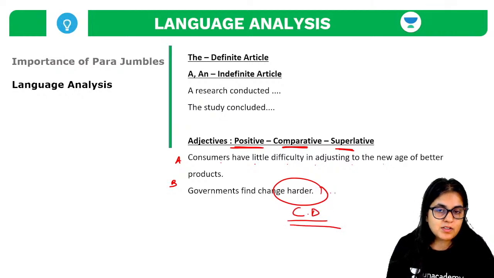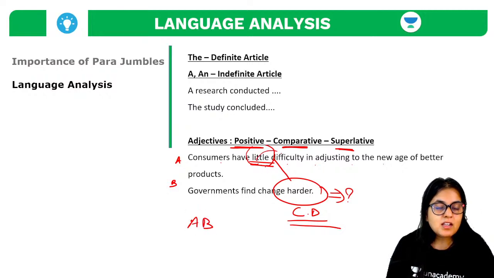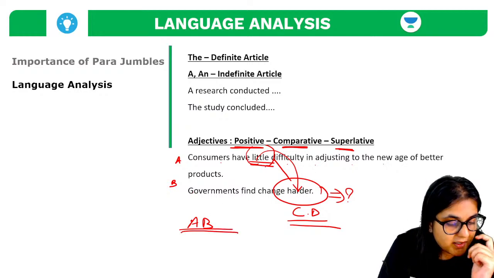You will immediately ask yourself, harder than whom? So governments find it harder than consumers do. Consumers don't have so much difficulty, governments have even more difficulty. So the order will be A, B. Consumers don't have difficulty, positive degree. Governments find it harder, comparative degree. So first positive degree and then comparative degree.